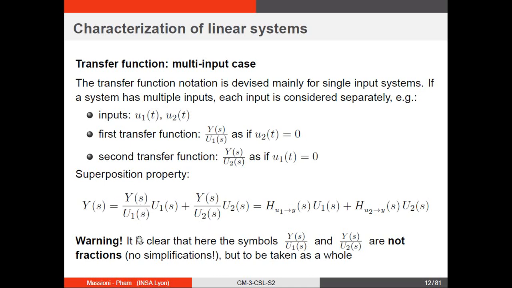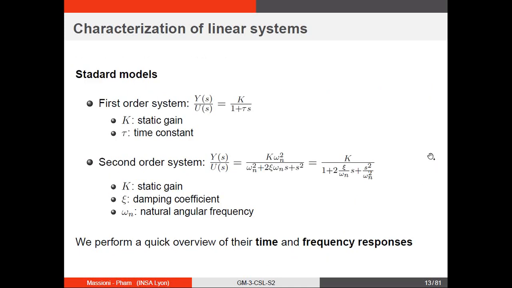We should be more precise and write it like this: do not write fractions because they can be deceiving, but just write a transfer function, like h from u1 to y, h from u2 to y, which avoids this confusion. But unfortunately, in the books you will see this kind of expression written here. Just be aware that the meaning is transfer function and not a ratio between two signals, because otherwise this doesn't really make sense at all. Now we move to the next part.